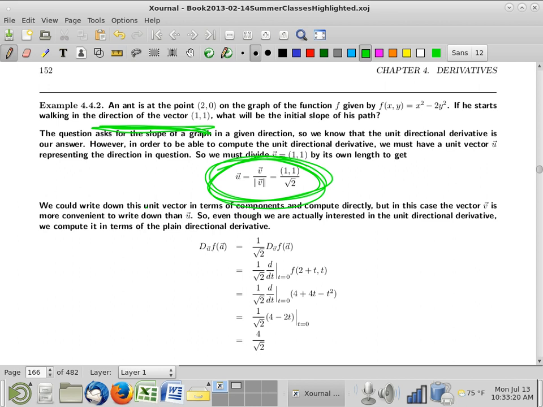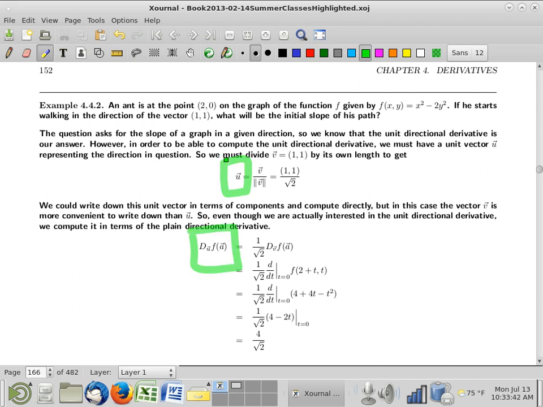So what I'm going to do in this example, just again to show you the flexibilities and choices that you have, is scale out, not the magnitude of v, but I'm going to scale out 1 over the magnitude of v. Said differently, I'm going to compute the unit directional derivative that I want by scaling out that scalar, and computing with just 1, 1 as my velocity vector.